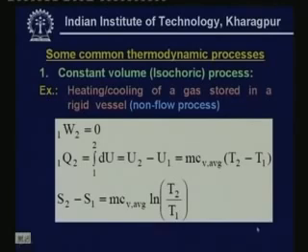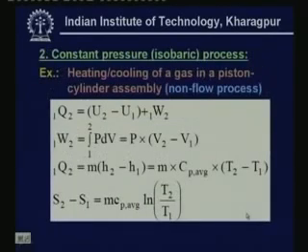Now let us look at another simple process that's known as a constant pressure or isobaric process. So the iso here stands for constant. That means whenever we say iso something, that means some property is remaining constant. So in an isobaric process, the pressure remains constant. And here let us take the example of again a non-flow process. We are heating or cooling a gas which is contained in a piston cylinder assembly, and let us say that the piston is not spring loaded or anything.